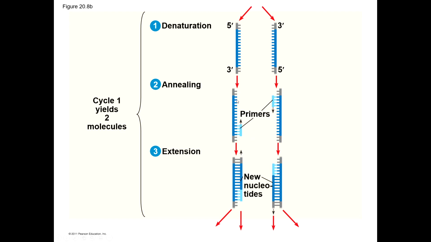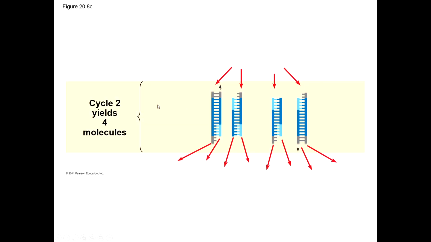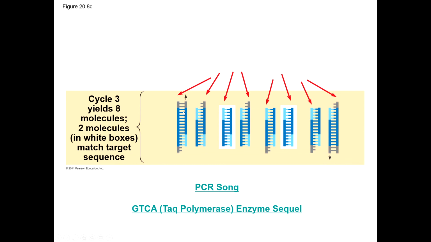And we start making copies of either side, and that is extension. Once we get the 2 copies made, those 2 copies go on to make 4, and those 4 to make 8, and it continues exponentially. So very, very quickly, overnight, you can have many copies of this DNA for whatever purposes you need. Our third cycle here, as you can see, yields 8 molecules.